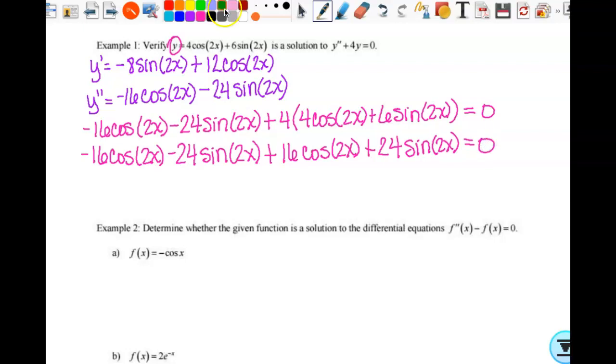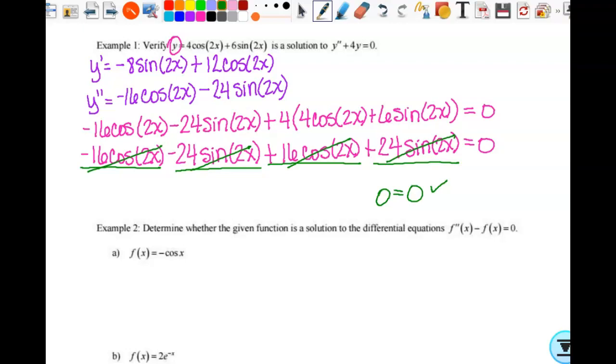So I go to clean this up. I have negative 16 cosine of 2x, positive 16 cosine of 2x. Those 0 out. Negative 24 sine of 2x, 24 sine of 2x. Those 0 out. 0 equals 0. There I verified.